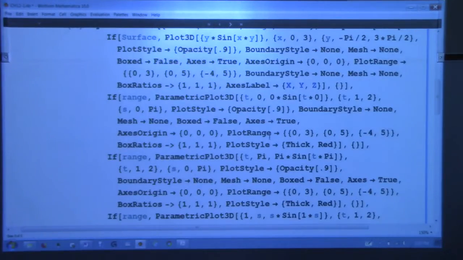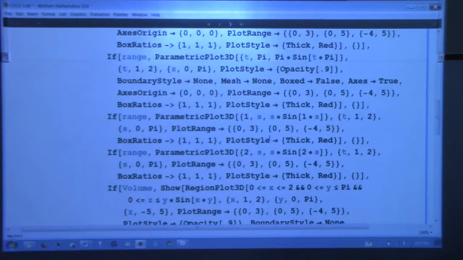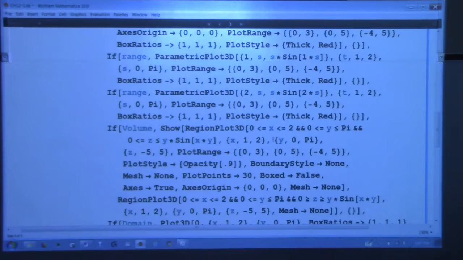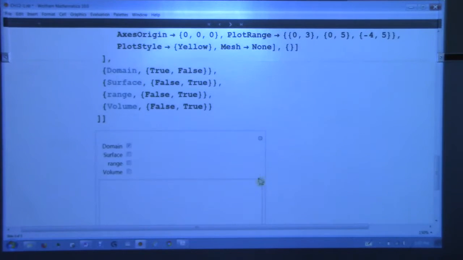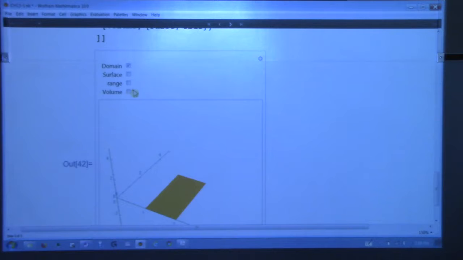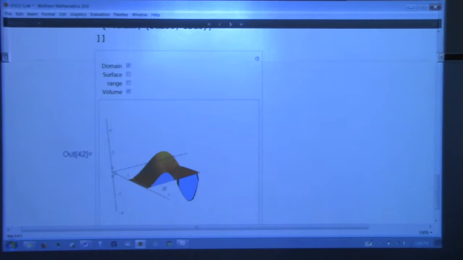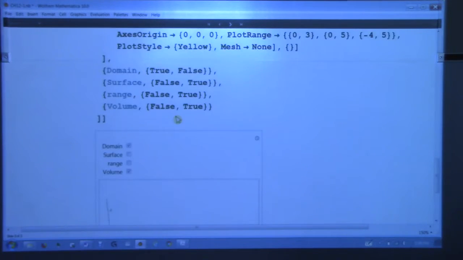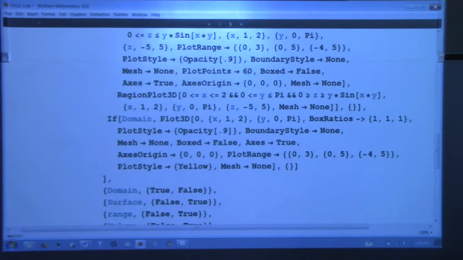Where are my plot points? I'm only having it do 30 points. Let me just do 60. I'm going to see if that freaks the computer out. That's better. Does that look a little better? Or can you even tell the difference? This edge right here got a little bit better. Let me see if I can bring it to its knees.